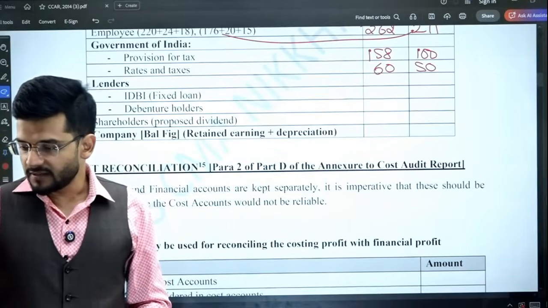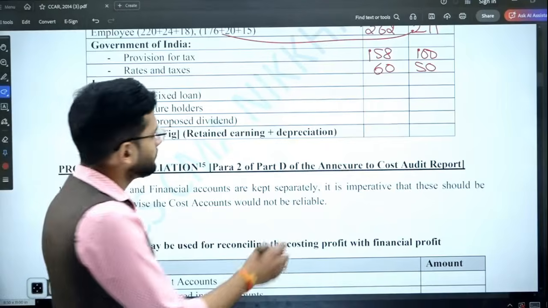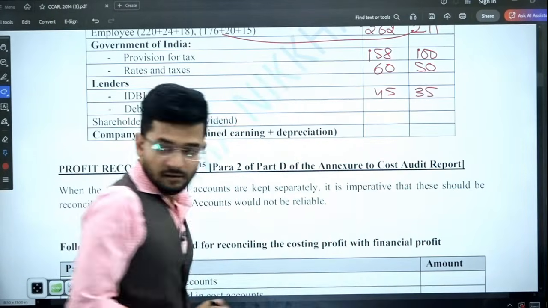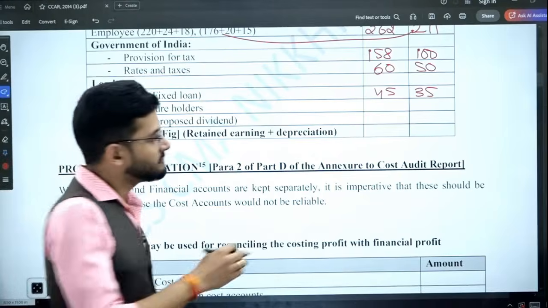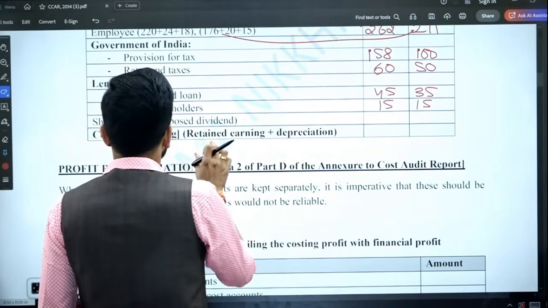Okay, lenders. For lenders, we have interest obligation for IDBI Bank and debenture holders. 4535 it is. And 1515. Okay.